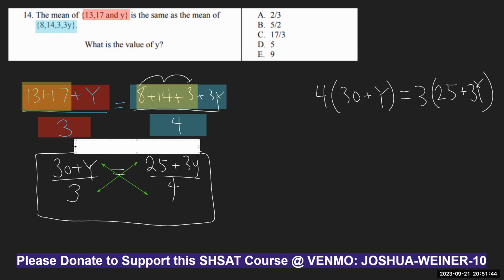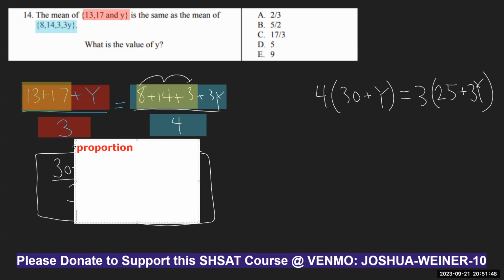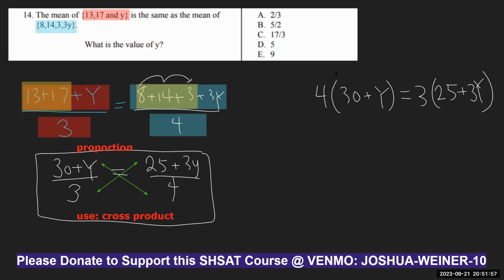Two equal fractions is a proportion, and we'll use the cross product. So 4 times 30 plus y must be the same as 3 times 25 plus 3y.